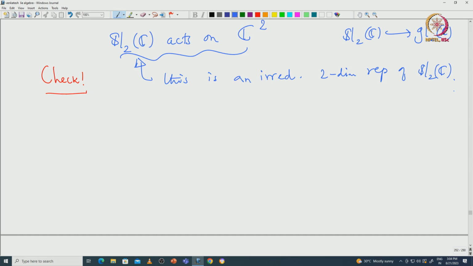So, that tells us that the adjoint representation of SL2C is also irreducible. Okay. So, this is a fact: the adjoint representation of SL2C gives us a 3 dimensional irreducible representation of SL2C.